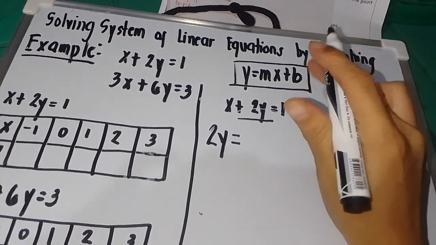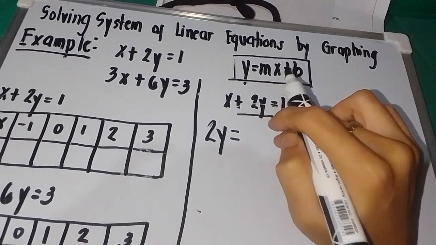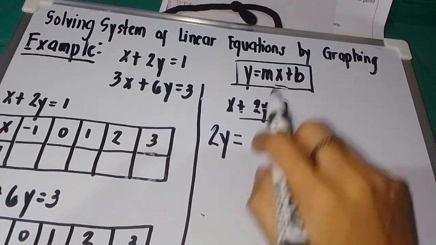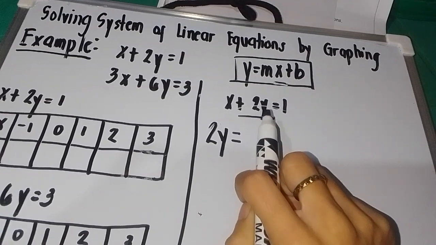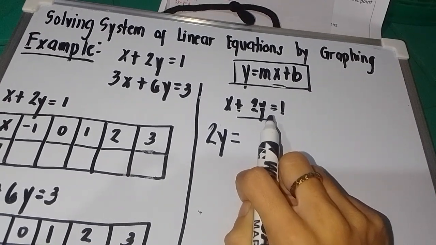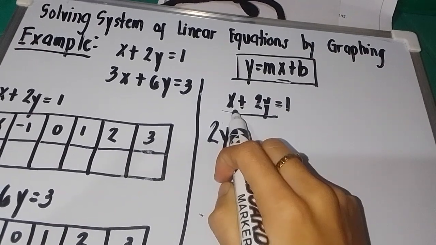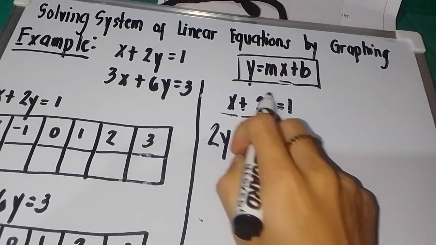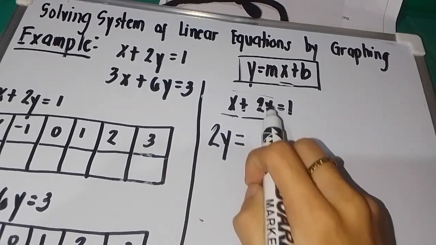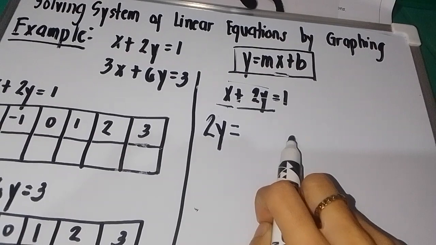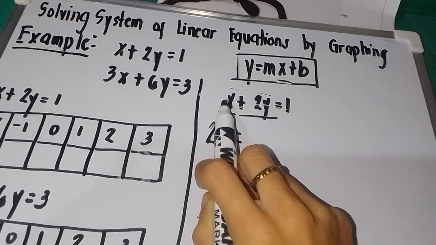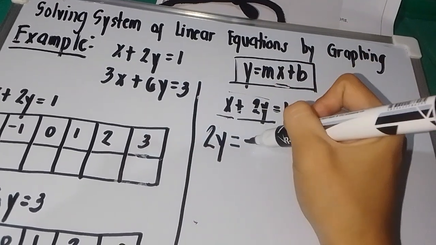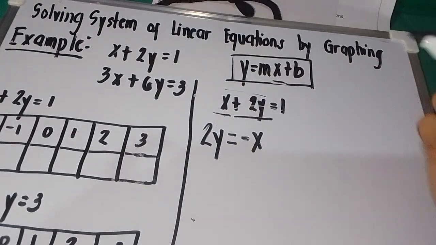Since the term with variable y is done, we proceed to the right side of the equation. On the right side, we first write the term with variable x. In this first linear equation, the term with variable x is positive x. Take note that positive x is on the left side of your equation, so we move it to the right side. Just change its sign to the opposite, from positive to negative, then copy variable x.